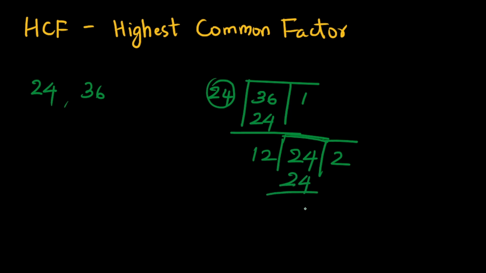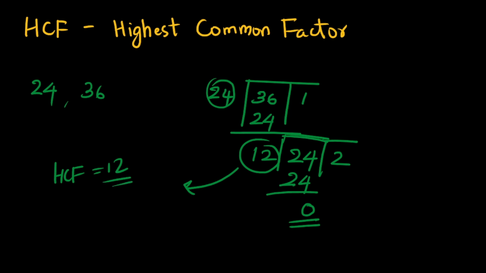You'll get the remainder as 0. When you get the remainder as 0, the last divisor, that is 12, is your HCF. Right, 24 and 36 are small numbers, so it's fine.